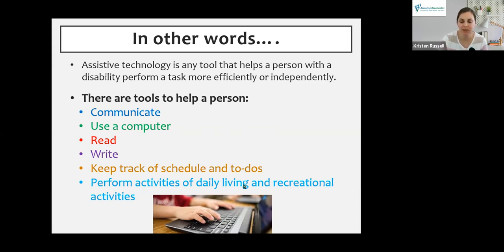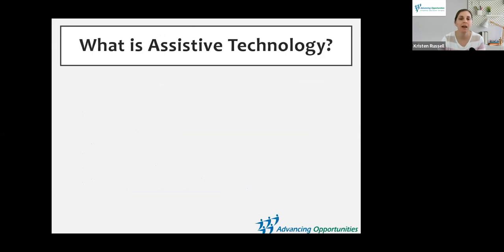There's all sorts of adapted equipment for video games and sports. The one I left on here, of course, is mobility: wheelchairs and any other adaptive equipment that helps somebody with mobility. But you can even think of things like hearing aids and glasses. Those are even assistive technology because they're helping somebody do something that without it would be very difficult.